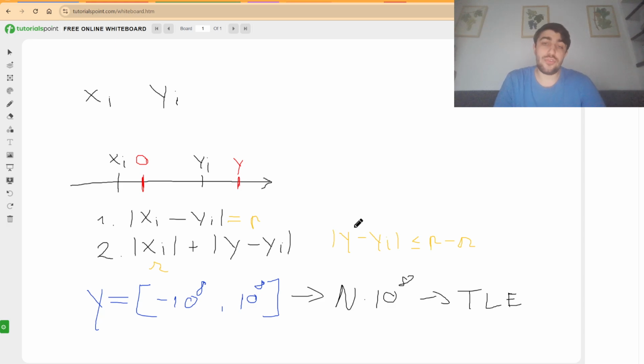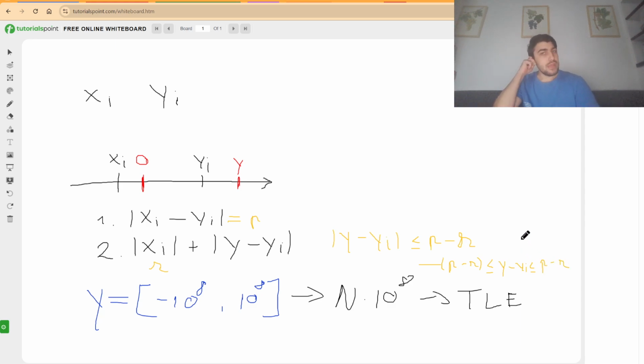Obviously, absolute value is always positive. So assuming that p minus r is greater or equal than 0, we will get to a relation which will be something like minus (p minus r) smaller or equal than y minus yi, smaller or equal than p minus r.